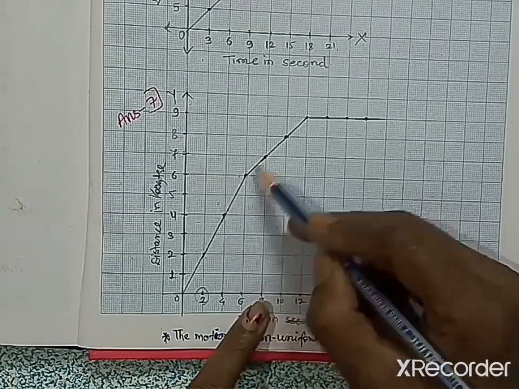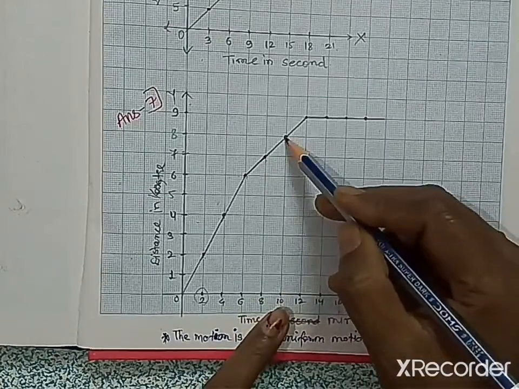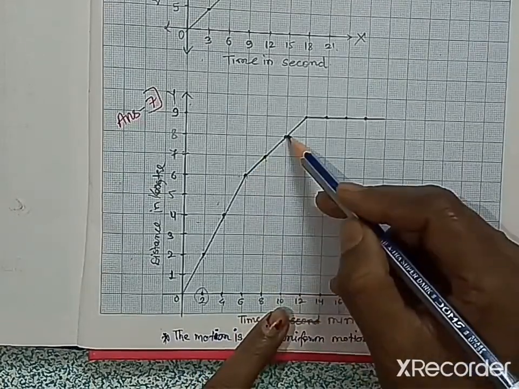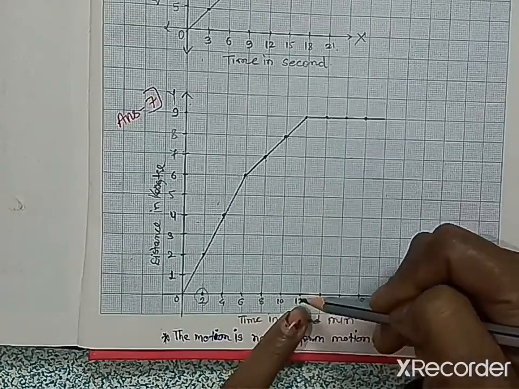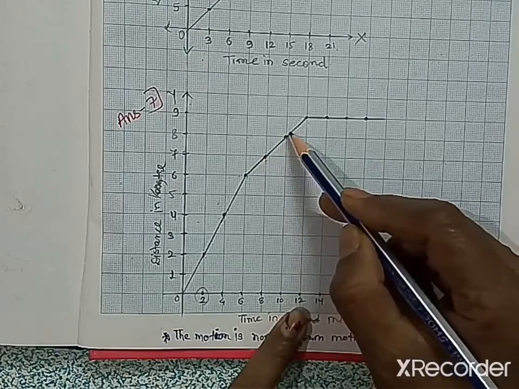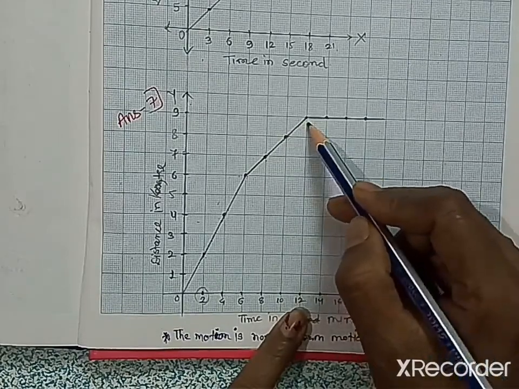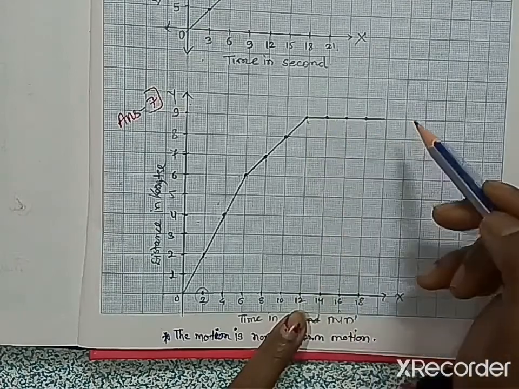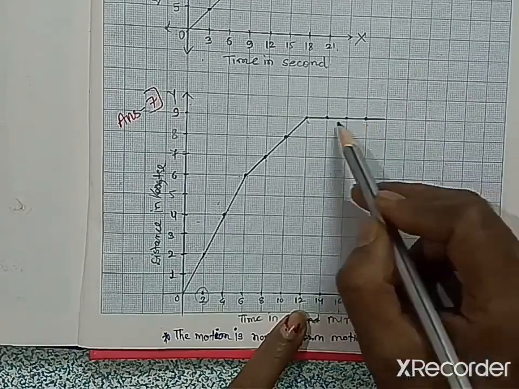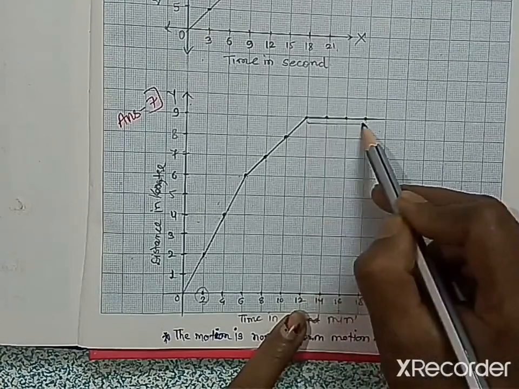Next it moves only 1 kilometer in the next minute, then again 1 kilometer in the next minute, that is 7 to 8. Then at the 12th minute it is again covering 8 to 9 kilometers, that is 1 kilometer it is traveling, and then from the 12th minute to the 18th minute it is not moving. It is at rest.